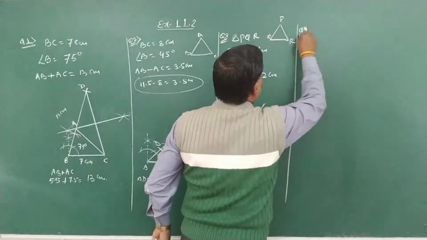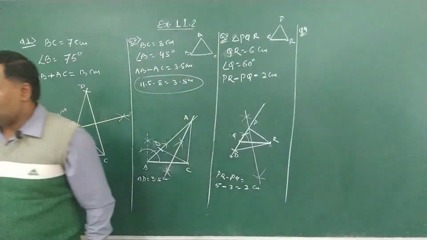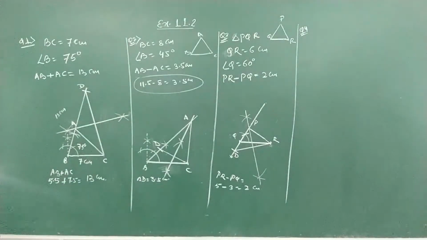In question number 4, again we have a triangle, two base angles, and the perimeter is given.